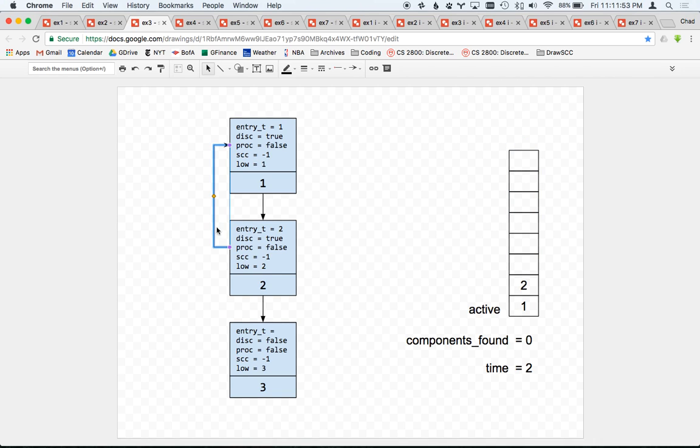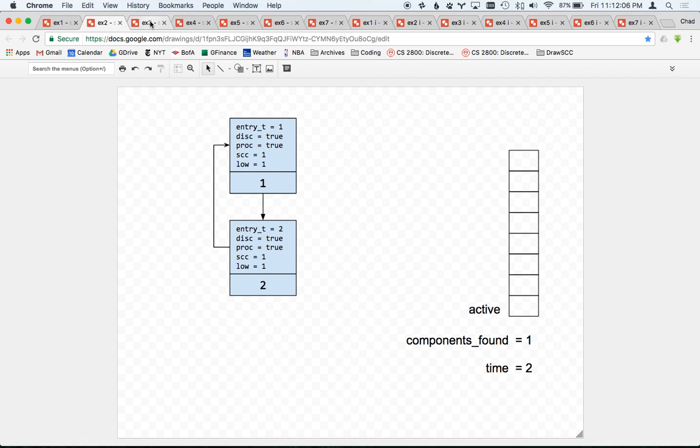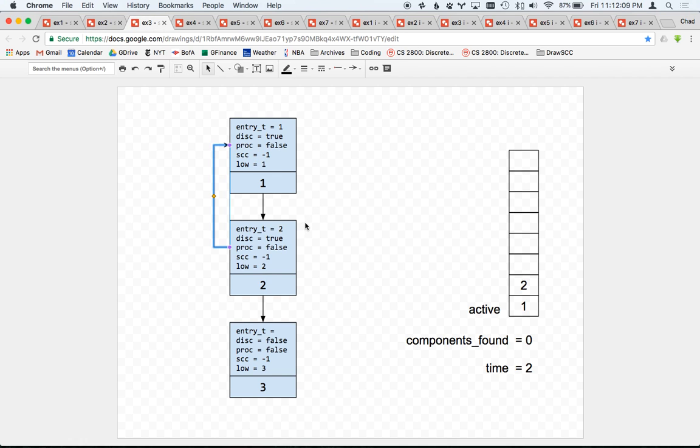And we push vertex 2 onto the active stack. We check all the edges out of vertex 2. We have this back edge, which points back to vertex 1, which has already been discovered. We do the same thing for this back edge that we did back in example 2, our second example, which is to mark the low of vertex 2 as vertex 1, because now it's possible to get back to vertex 1 via an edge directly from vertex 2.